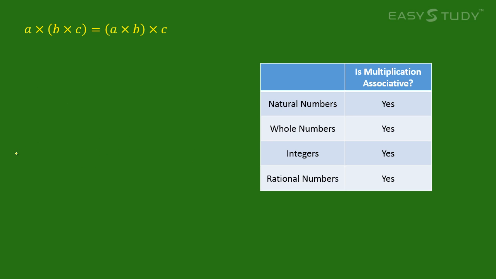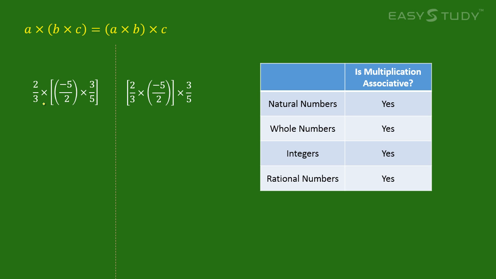Let's look into one more example for rational numbers. Here we have grouped -5/2 and 3/5, and here we have grouped 2/3 and -5/2. Let's simplify this. This is equal to 2/3 times -15/10. If you simplify this further, that will give you -1.